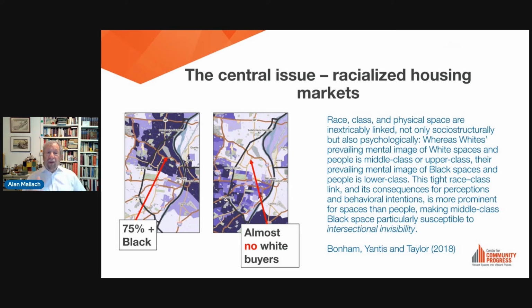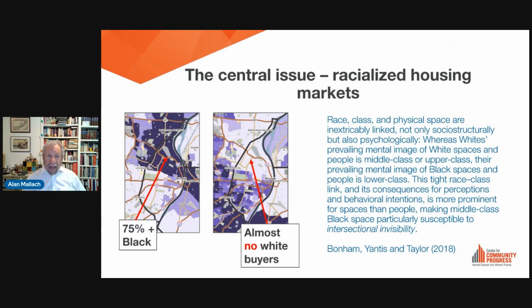People were asked how they ranked the neighborhoods. The neighborhoods with the people with Black faces were consistently ranked lower. As they write, their prevailing mental image of Black spaces is lower class. And this is an underlying issue that is a huge challenge in all our thinking.